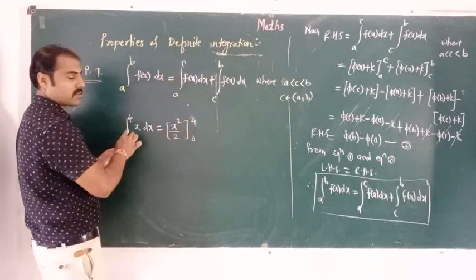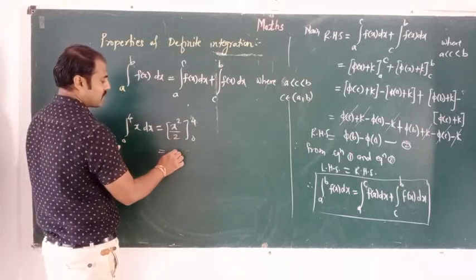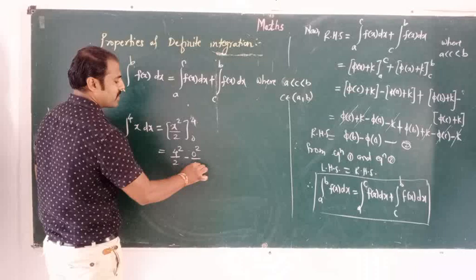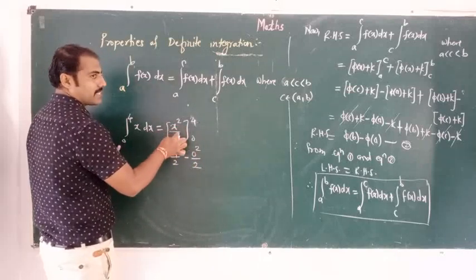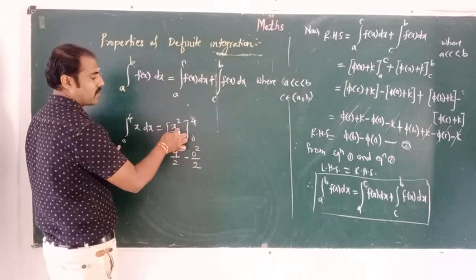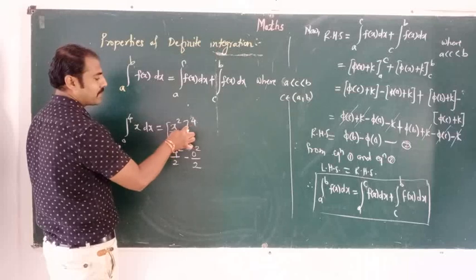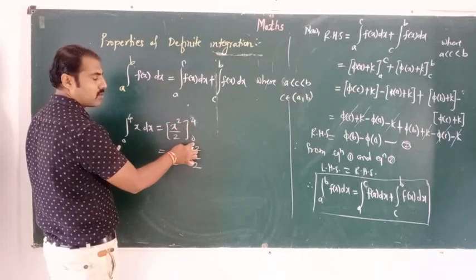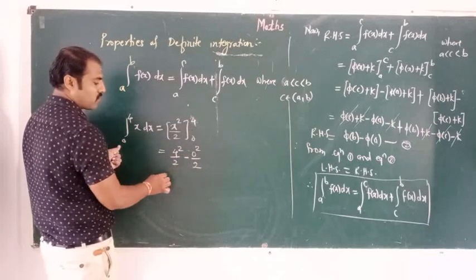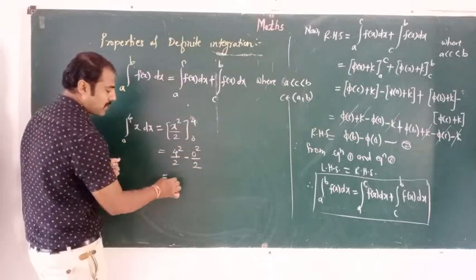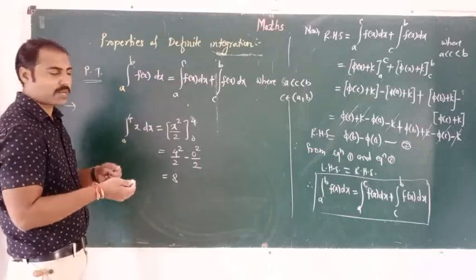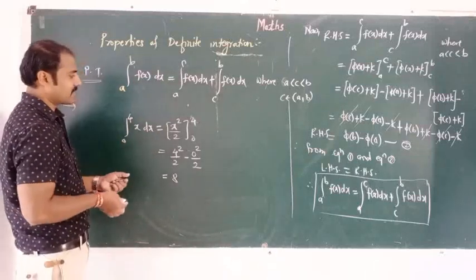Here lower limit is 0, upper limit is 4. Replace x by 4, value of the primitive at upper limit, so 4 square by 2, minus value of the primitive at lower limit 0 square by 2. 4 square 16 by 2 is 8, minus 0 by 2, which is 0, so it's 8.